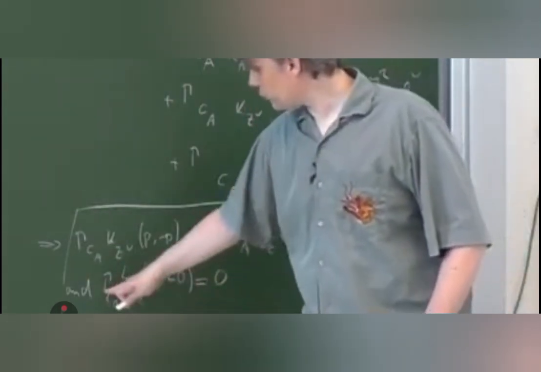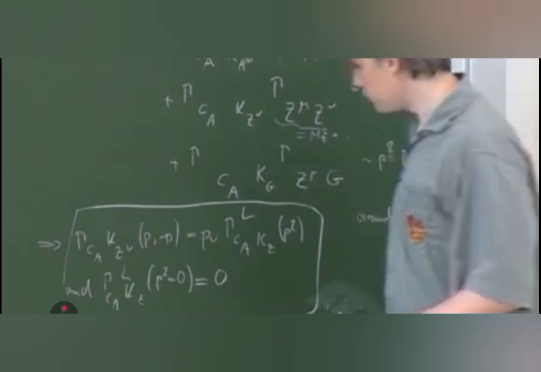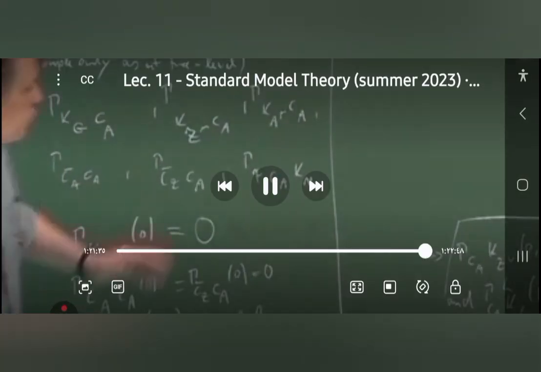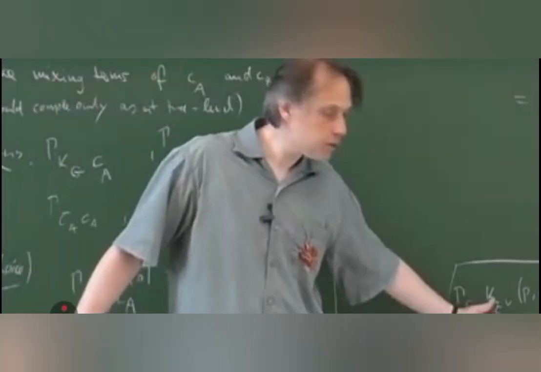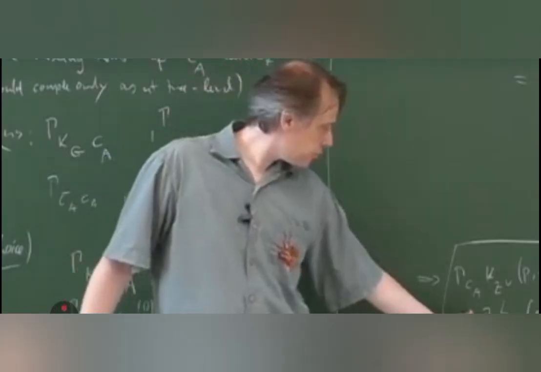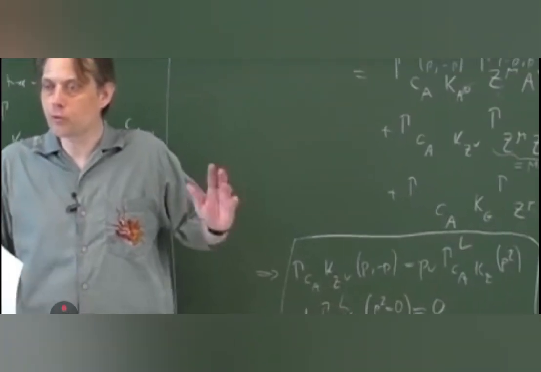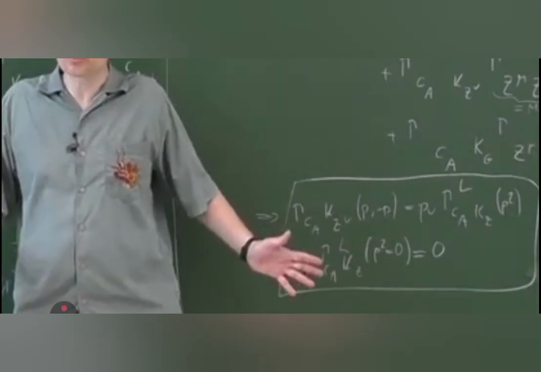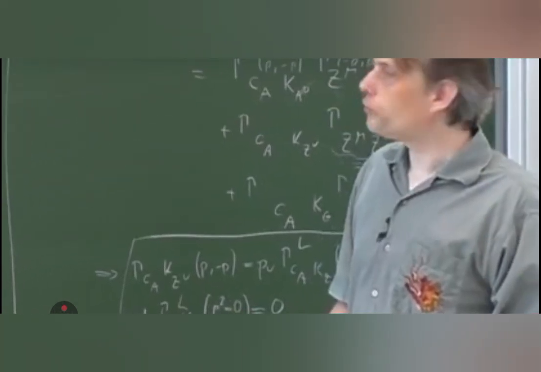So this object here vanishes at zero momentum. And this object corresponds somehow to a mixing between the photon and Z sector. So in a certain sense, this particular kind of mixing, which is difficult to interpret, but anyway it is 0. So it's a technical expression of the absence of mixing between the photon and Z in one particular type of Green functions. And that is an ingredient that we have to use in our proof of charge universality.